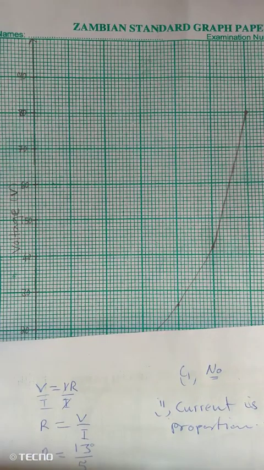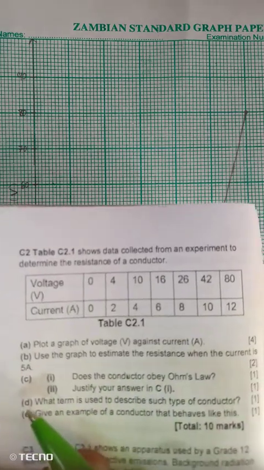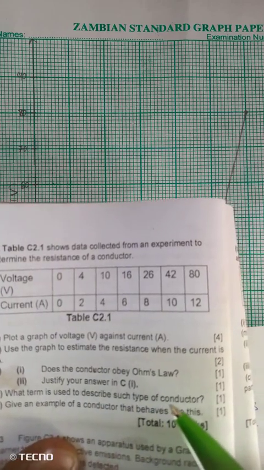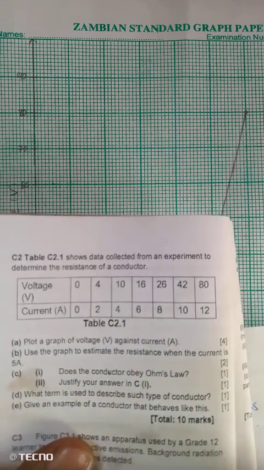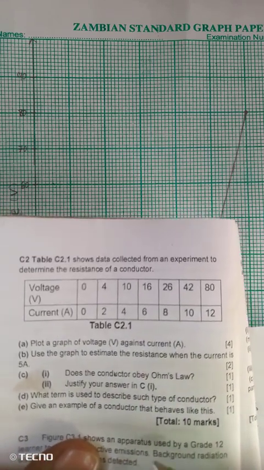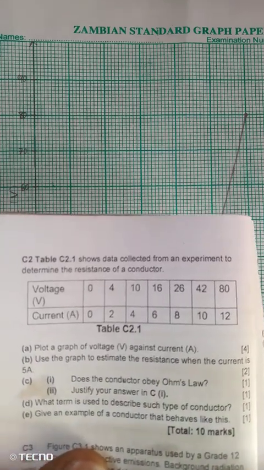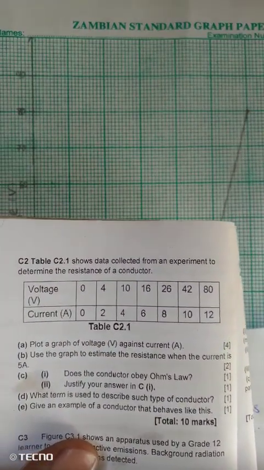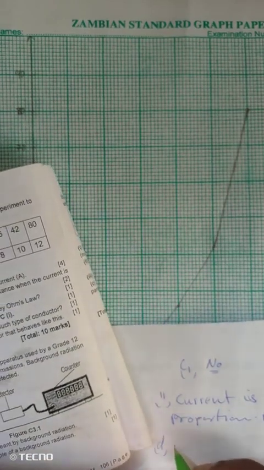So that's the answer. Then C3, what term is used to describe such a type of conductor? Any conductor which does not follow Ohm's law, we call this non-ohmic conductors.